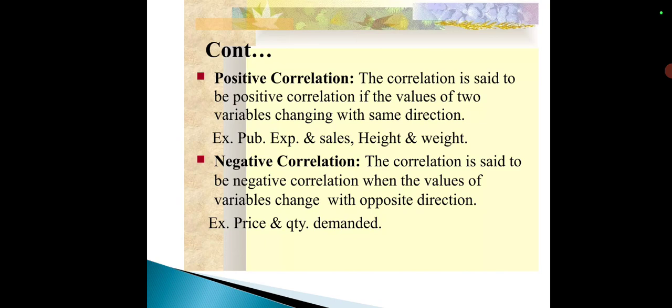Correlation is said to be positive if the values of two variables change in the same direction, for example, height and weight. Correlation is said to be negative when the values of the variables change in the opposite direction, for example, price and quantity.